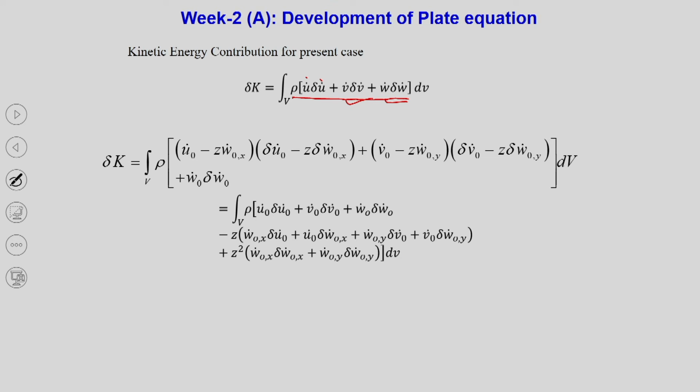Further, what is u dot? u dot is u naught dot minus z times w naught comma x dot. Similarly, their variations: δu naught dot minus z times δw naught comma x dot, v naught dot minus z times w naught comma y dot, and δv naught dot minus z times δw naught comma y dot, and here only one term, w naught dot and δw naught dot, into dV. So, this we have for our present case.